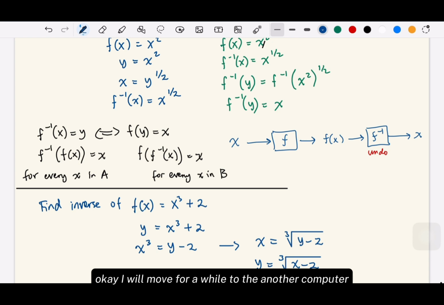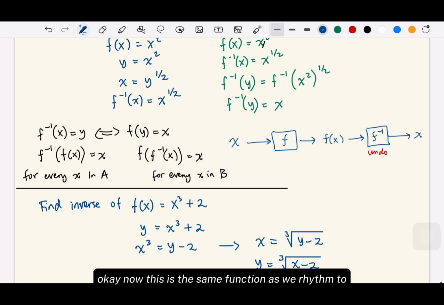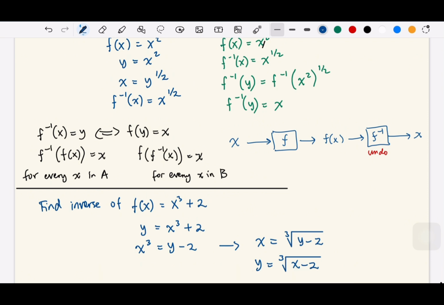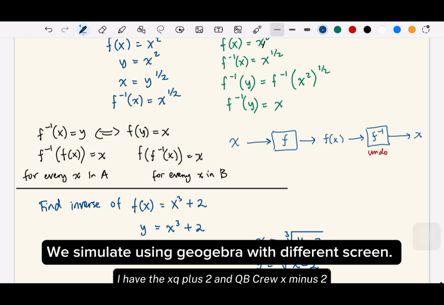Okay, I will move for a while to another computer. Now these are the same functions as we wrote to find the inverse. I have x cubed plus 2 and the cube root of x minus 2. And then we can see the curves. You see the similarity?